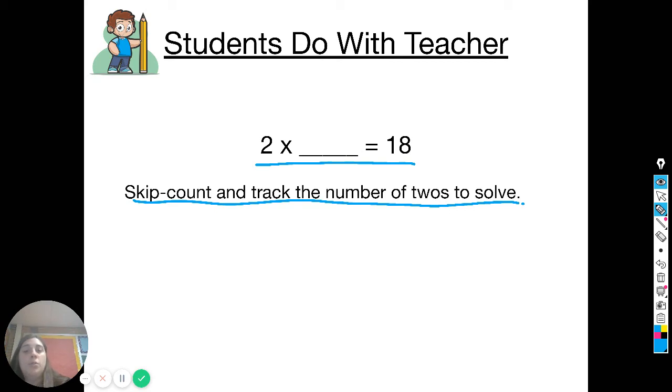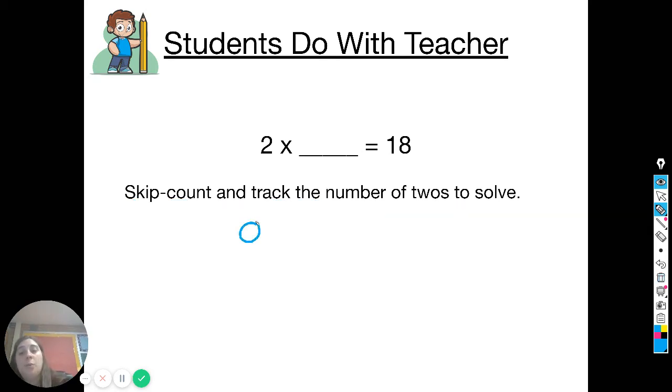So it's 2 rows of blank equals 18. Now 2 rows means that we don't have 2 in each row. It means we only have 2 rows. So it means 1 row, 2 rows.